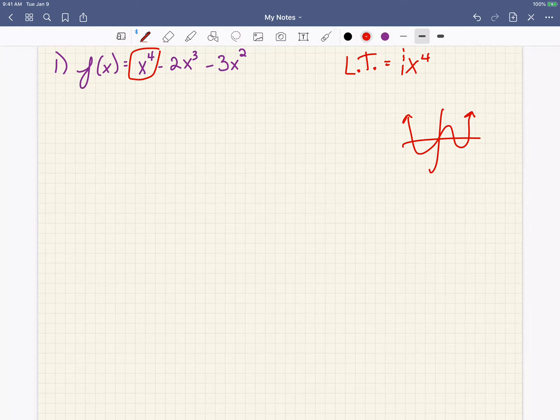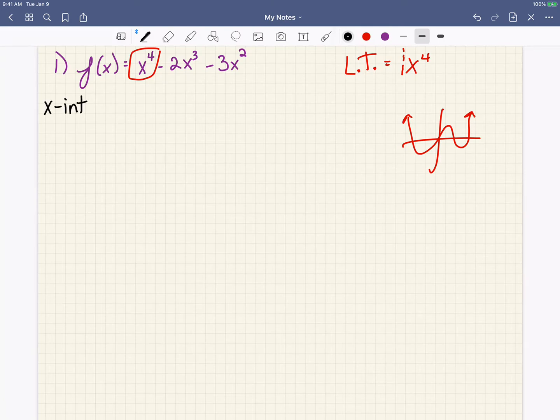It's going to rise to the left and rise to the right. So now my step 2 is finding the zeros. So my zeros are really my intercepts. So when it comes to finding my x-intercepts, right, we're going to do that first.